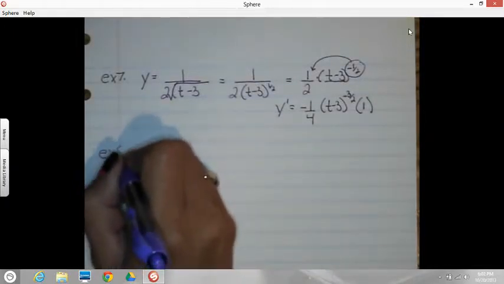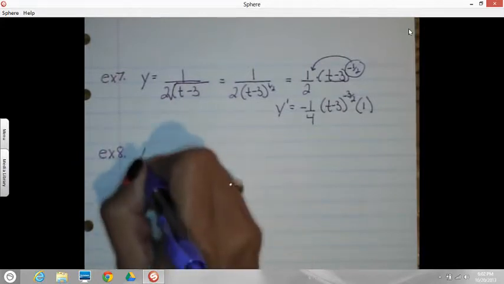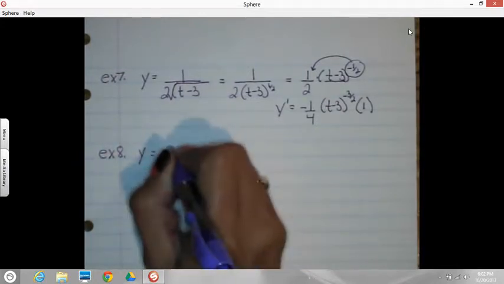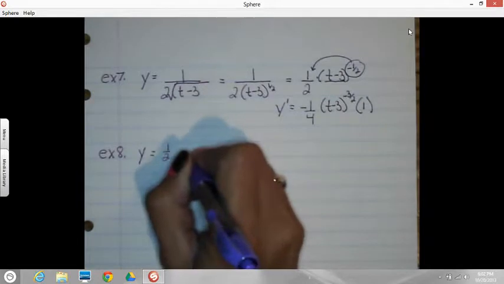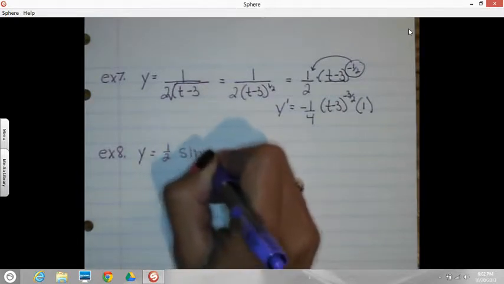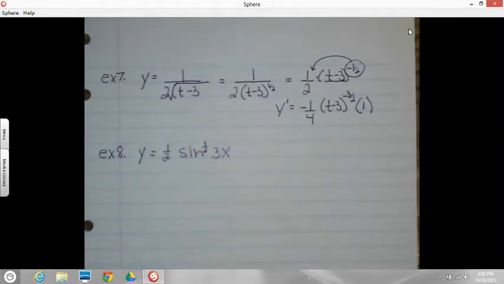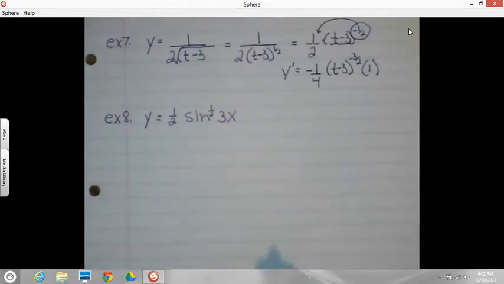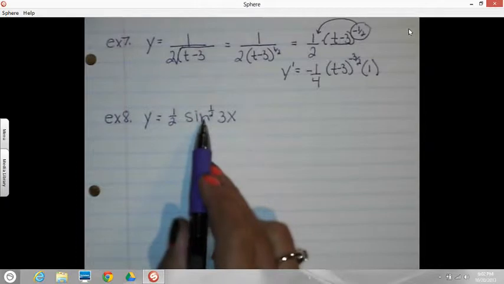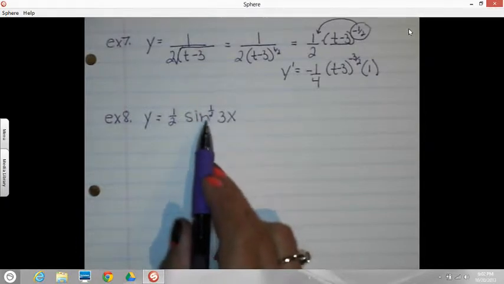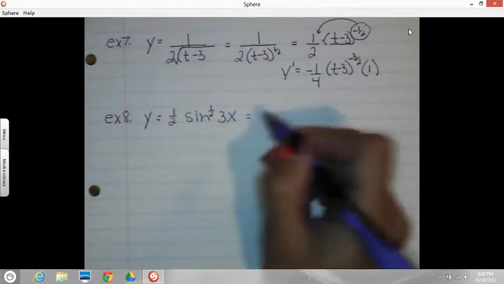Let's do a few more trig ones before we're done here. 1/2 sine to the 1/2 3x. And again, anytime I see that exponent on the trig function, I know that's a set of parentheses that mathematicians were too lazy to write. So I'm going to take the time to rewrite it with the parentheses.